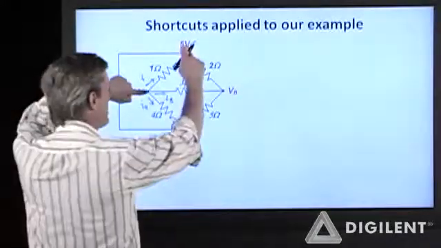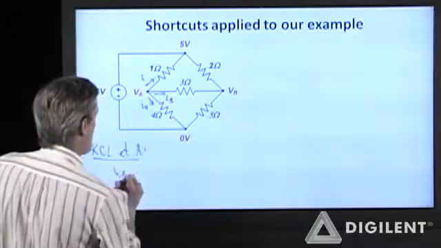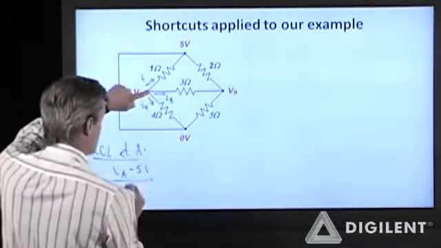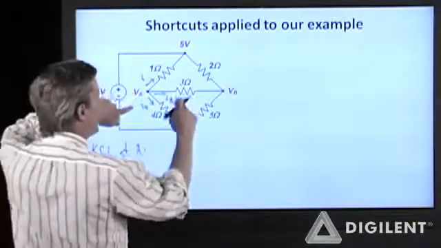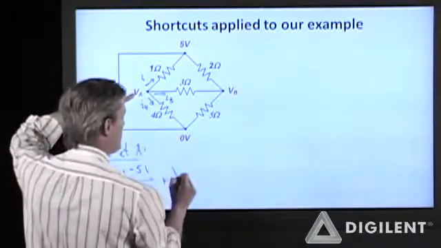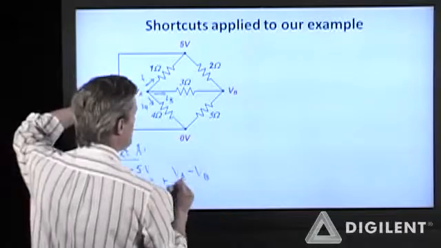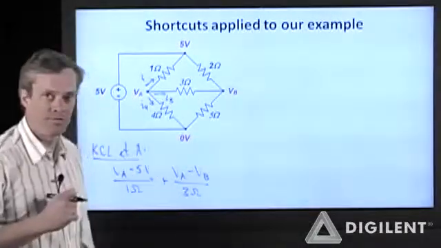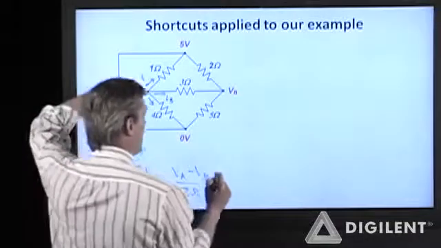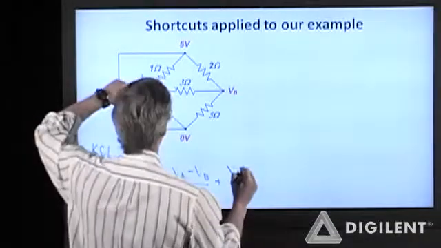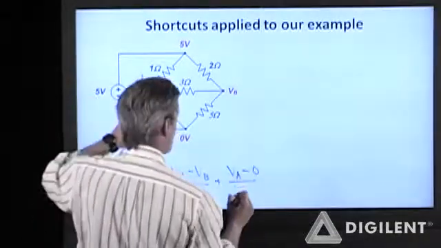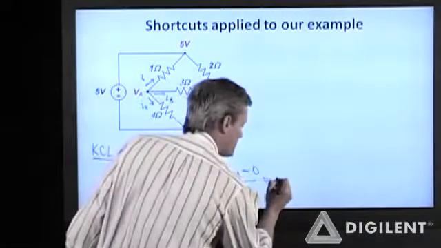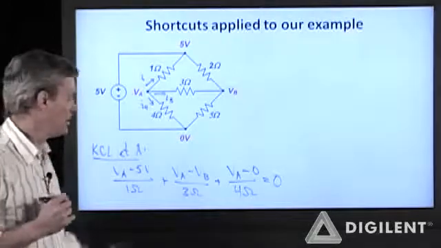So this current is VA minus 5 volts over 1 ohm plus VA minus VB over 3 ohms, which is the current I3 through the 3 ohm resistor, plus VA minus 0 over 4 ohms. That all sums to 0.